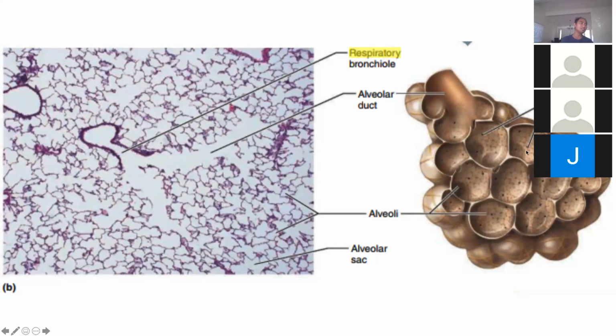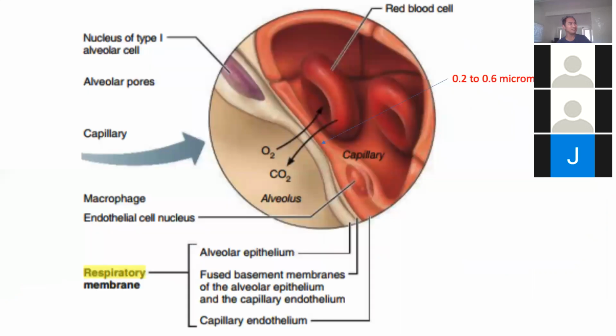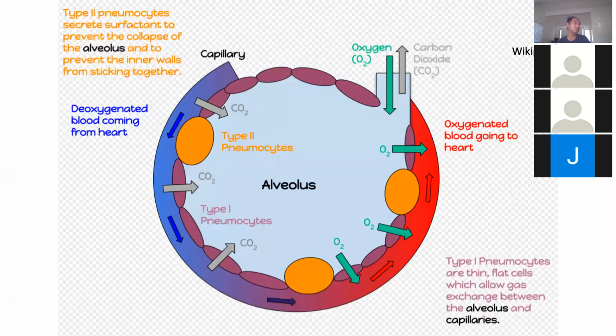So that is the lungs, and this is what we have talked about. That is pretty detailed, which is really nice. This is the deoxygenated blood, which is carried by the capillary. Deoxygenated blood comes along the capillary, wrapping around the alveoli.